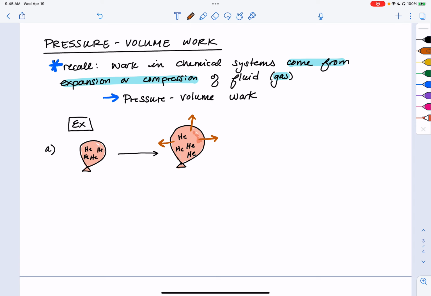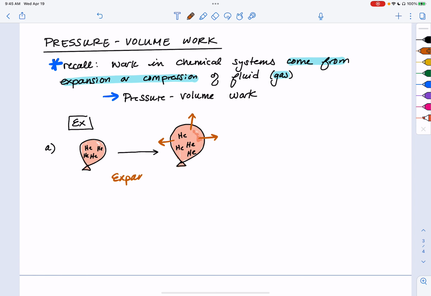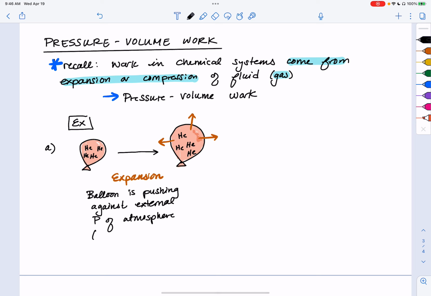In the expansion process, the balloon is pushing against the external pressure of the atmosphere, which is our surroundings, in order to displace outward.